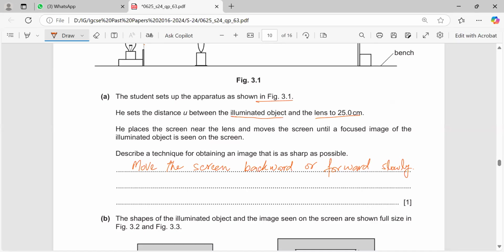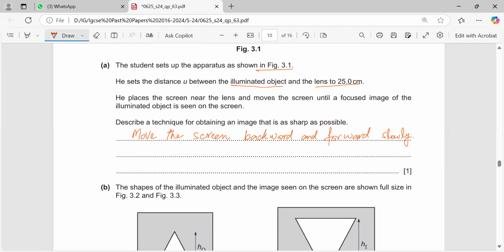He's not just clicking the flash. First he adjusts your position and then, very slowly, with his finger and thumb, he moves the lens of the camera or the screen very slowly so that he can pick up the best image position. So move the screen backward and forward slowly. It should not be "or". Let me write it: forward and backward, backward and forward slowly. Only one mark.